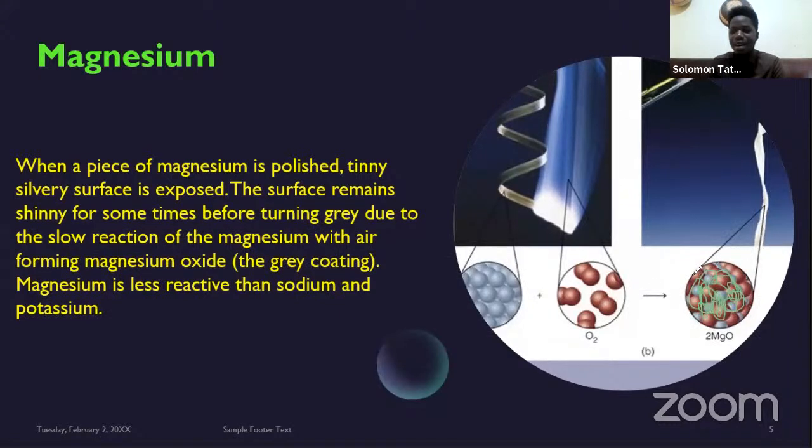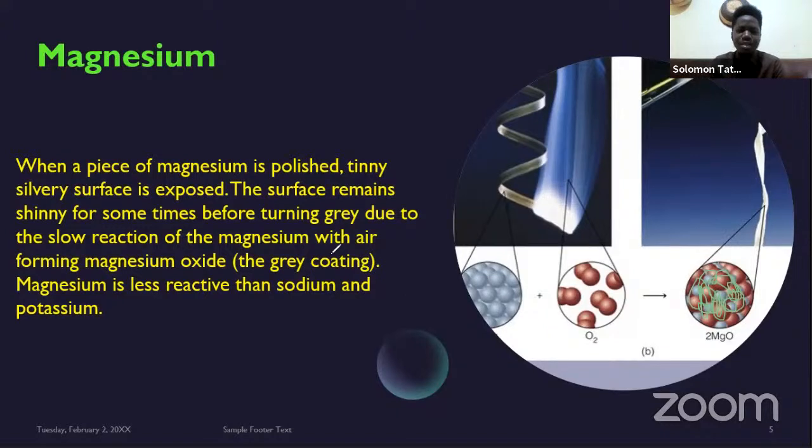All right. But when magnesium is exposed to air or oxygen, it forms a gray coating around the magnesium metal. Okay, but this formation is a little bit slow.